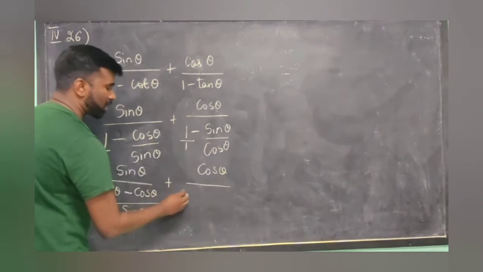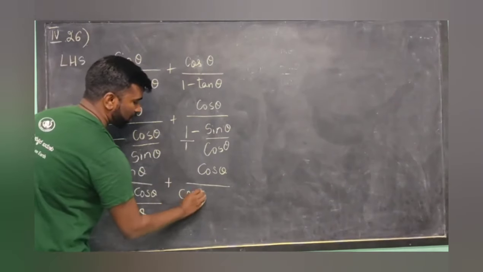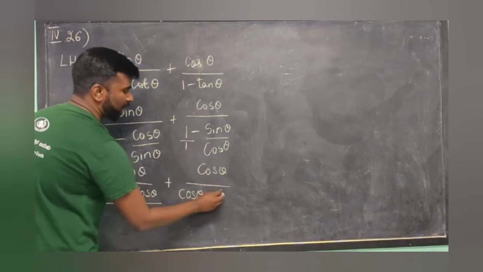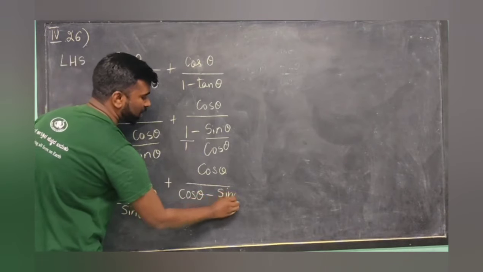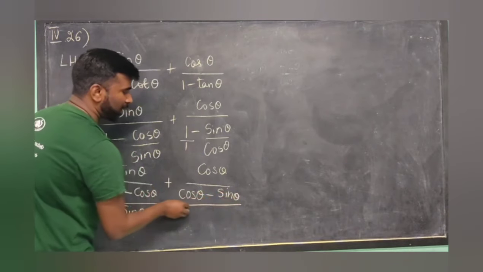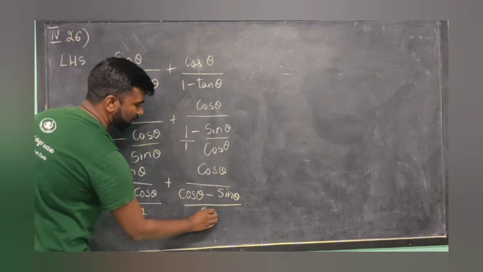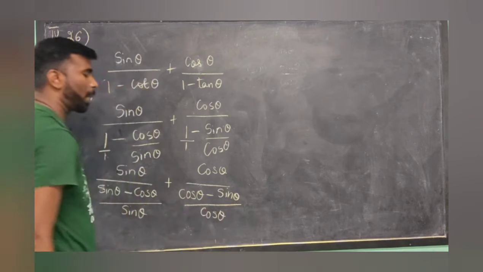Now 1 into cos theta is cos theta minus 1 into sin theta is sin theta divided by cos theta.